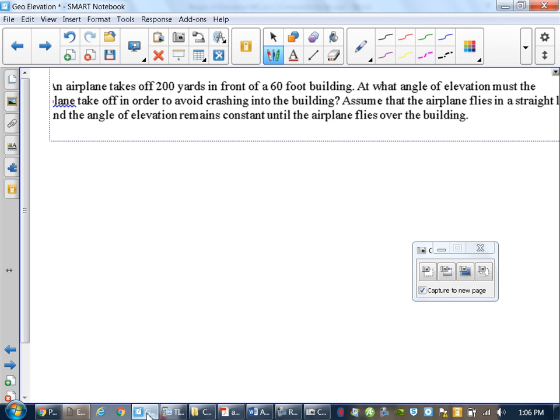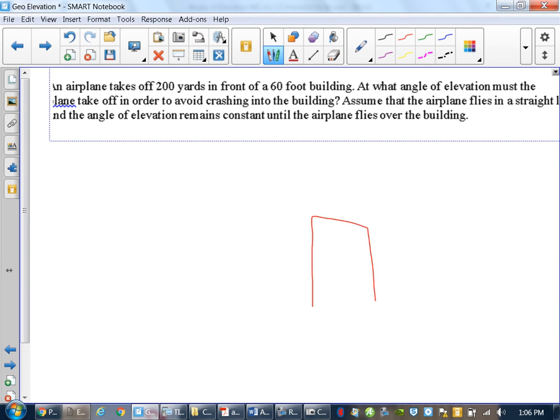So if an airplane is taking off 200 yards away from a building, that means we have to figure out what a building looks like. The building is how tall? 60 feet.